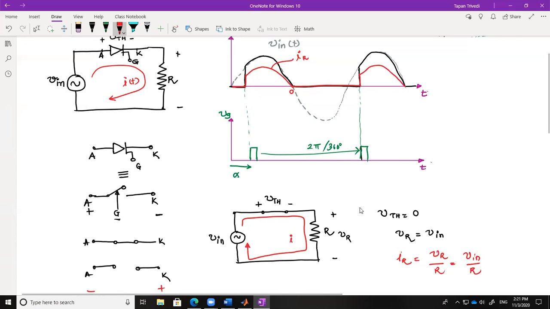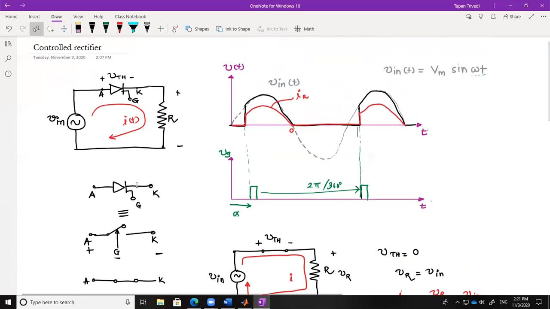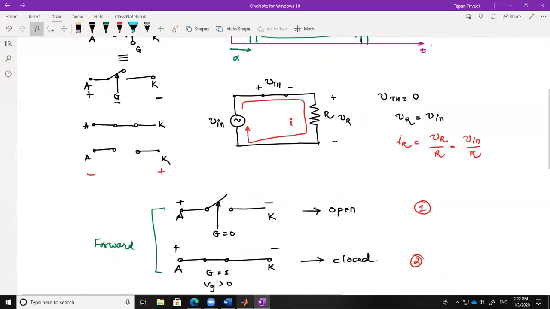So we want to verify this condition where we try to trigger the SCR, and then this SCR closes, acts as a closed switch, and starts conducting the current. So let us simulate this.